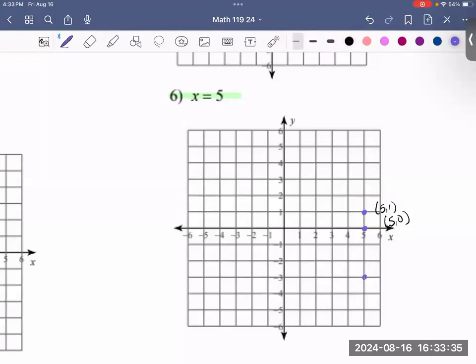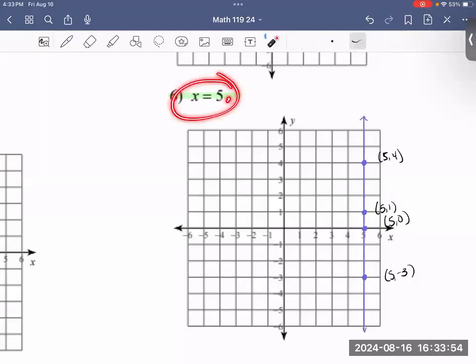Again, maybe over here and here at 5, 4, at 5, -3. What kind of line is this one forming? This one is forming a vertical line. So again, if not much is given, but you know that x is equal to something, we can understand that your x value is going to be constant this time, and it's your y value that is going to be changing.